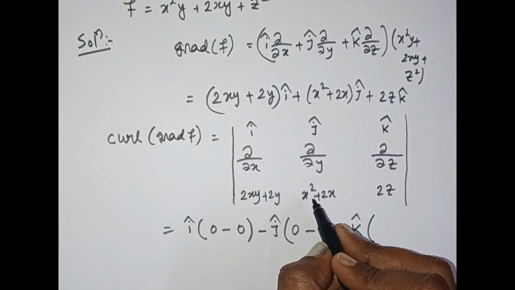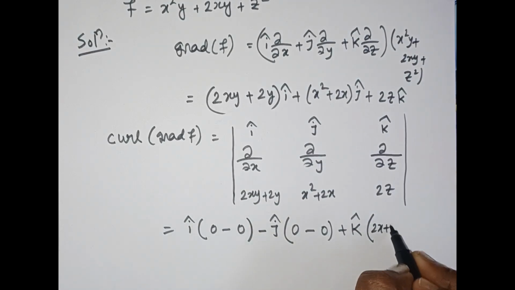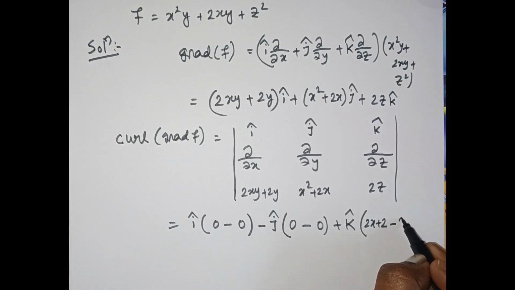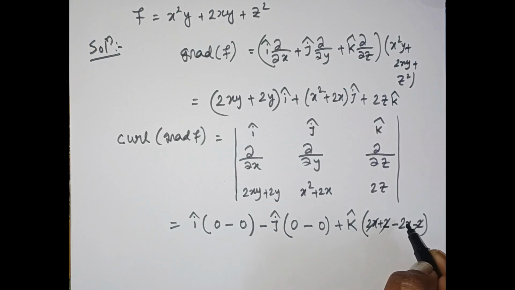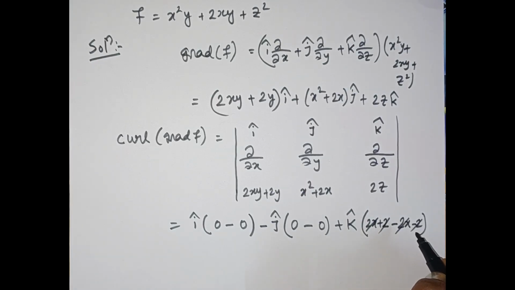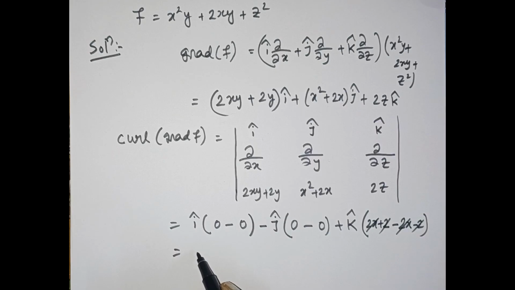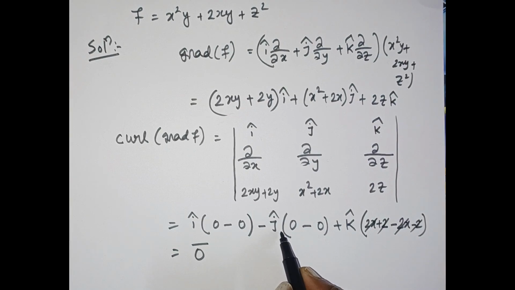So del x of this one is 2x plus 2 minus 2x minus 2. So this 2 minus 2 cancels out and 2x minus 2x also cancels out. So this is 0i plus 0j plus 0k. So this is the 0 vector.